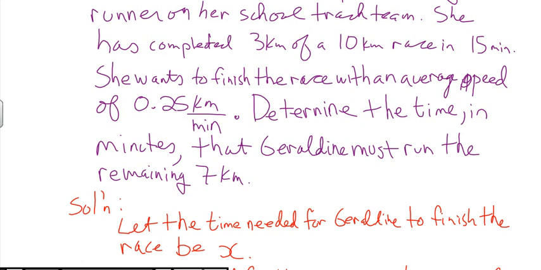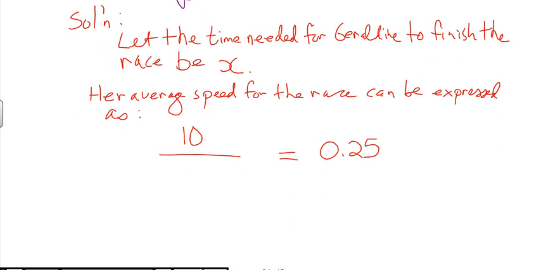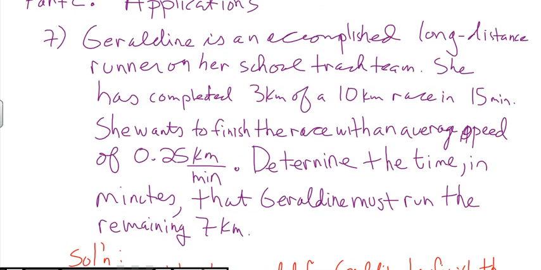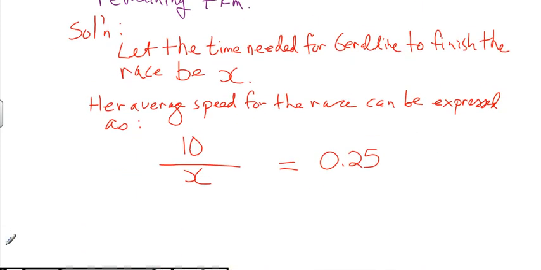The time needed for Geraldine to finish the race, if we make that x, we would write 10 over x. Oh, but that's the time to finish the race, and she's already run for how long? She's already run for 15 minutes, and the time to complete is x, so this is really going to be 15 plus x. That'll be the total amount of time.